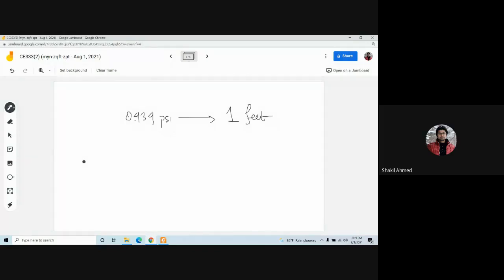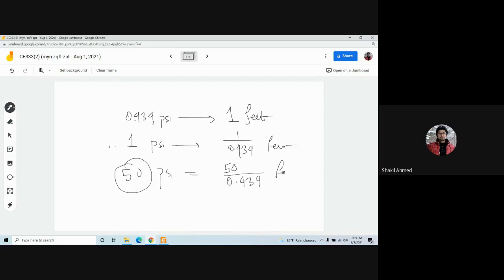For 1 psi, you go 1 by 0.434 feet. For 50 psi, the maximum fixture pressure, how much do you go? 50 divided by 0.434. Can you please tell me the value?